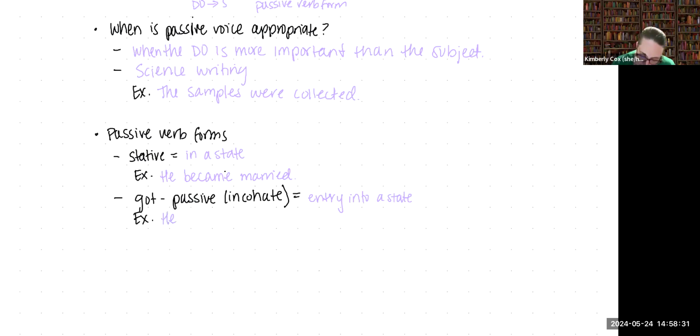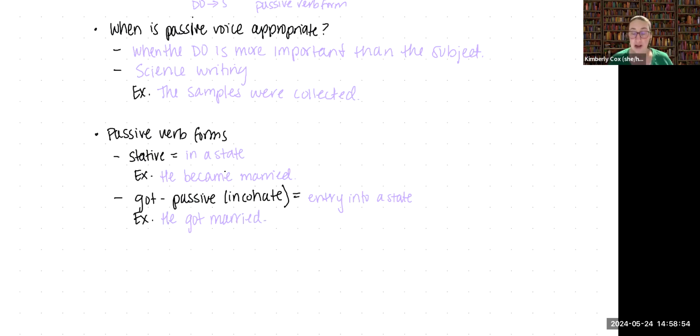He got married. Okay. Still passive, right? They married each other. He married her. He married him. That would be active. This is technically a passive verb form because it's something that's happening to him, right? Like it's a state that he's being brought into. It's not an action that he's taking.